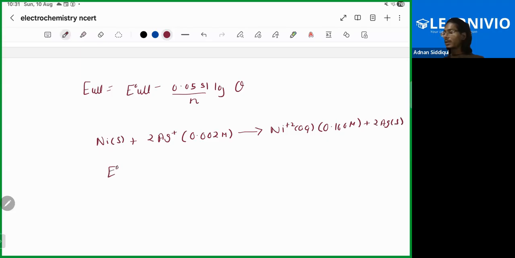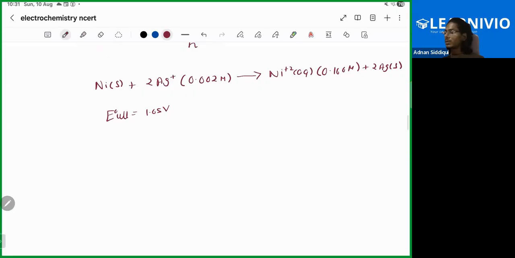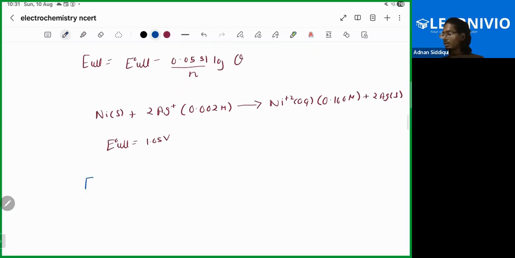And they have given E naught cell, which is 1.05. So what you have to simply do is E cell is equal to 1.05 minus 0.0591 divided by 2. Do I need to explain why I'm writing 2 here? No, sir. Okay, good.